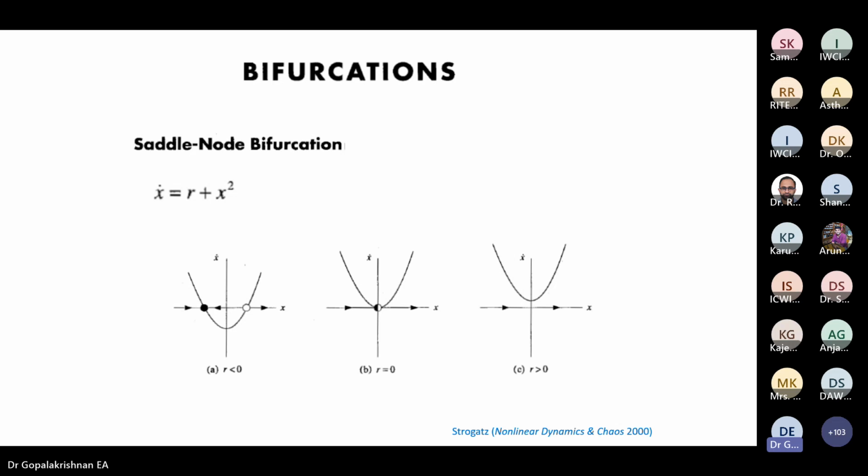If r is negative, you are going to have two values of x for which x dot will be 0. If r is equal to 0, there will be one value of x for which x dot will be 0, which is 0 itself. And if r is positive, it is very obvious that x dot will never be 0.